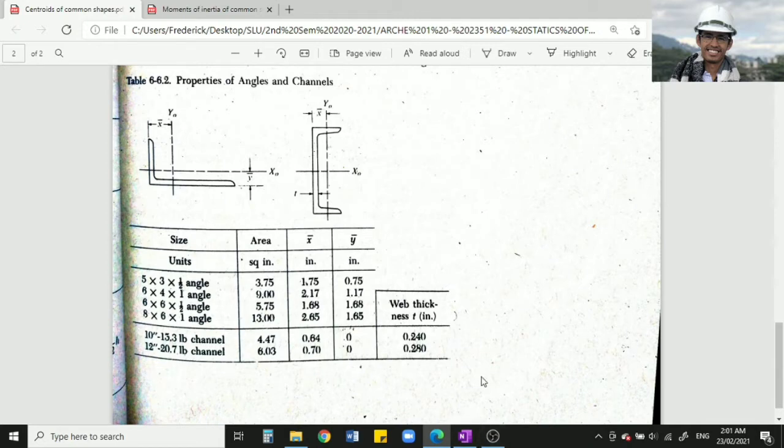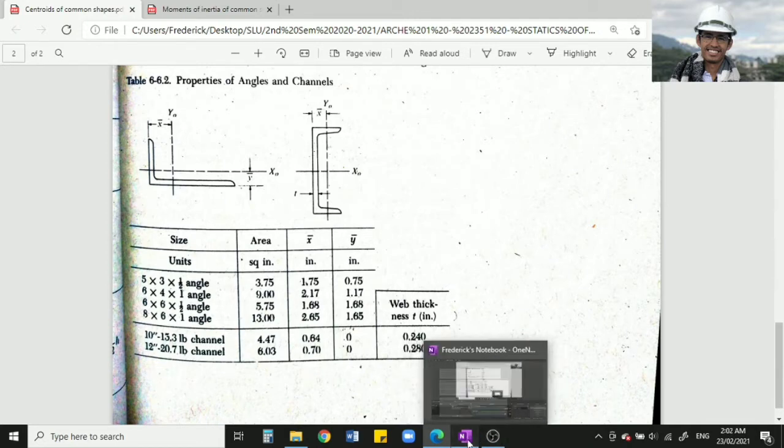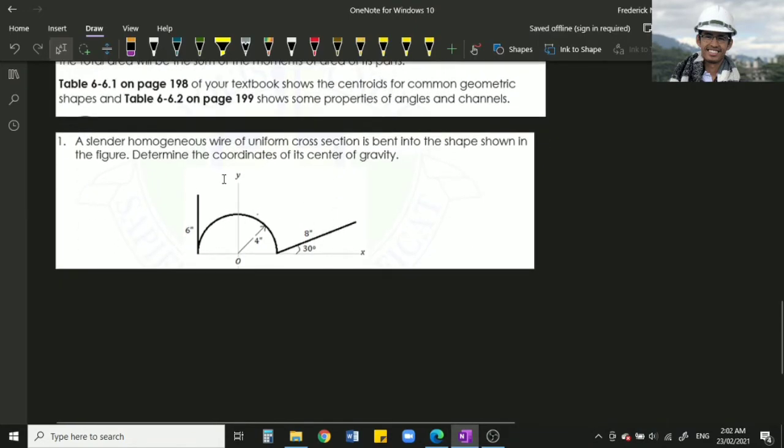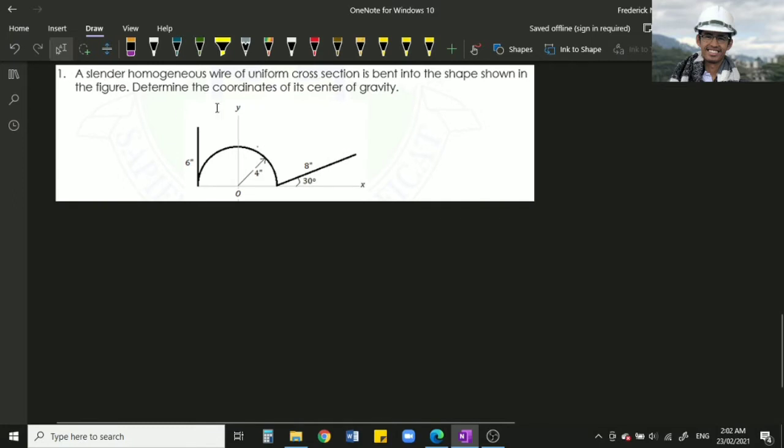Okay? So let us proceed to problem solving. So for problem number 1, a slender homogeneous wire of uniform cross section is bent into the shape in the figure. Determine the coordinates of its center of gravity. Okay?